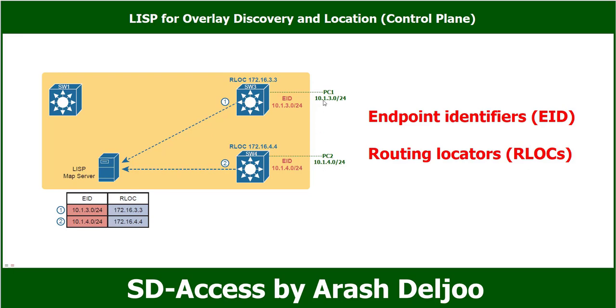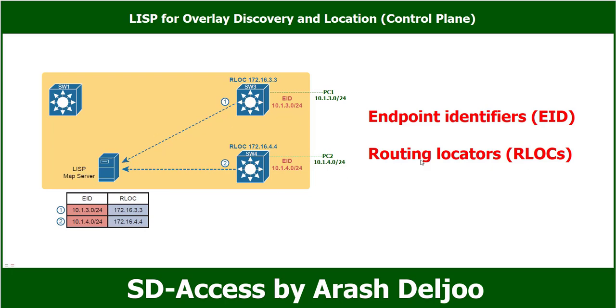After that, the first thing that should happen is advertising the IP addresses of the PCs, or the range of PCs, to the map server. With the help of some LISP messages, or Locator/ID Separation Protocol messages, switch 3 should advertise the endpoint identifiers, like the IP address, MAC address and some other things, to the map server.